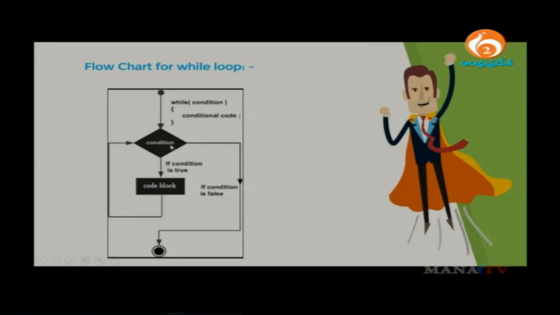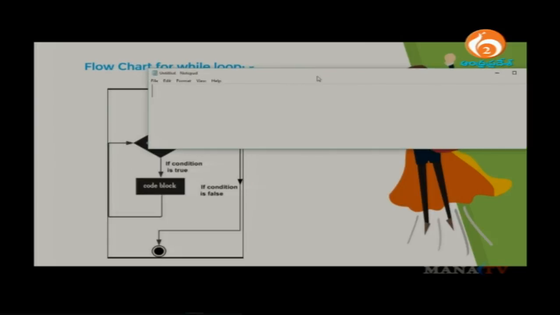Like that it will keep testing the condition continuously until the condition returns false. If the condition returns false, it directly goes to the position where the loop statements end, where the while loop is finished. Hope you understand. Please draw this flowchart in your notes, so that it will be very easy to identify whenever you need it next.